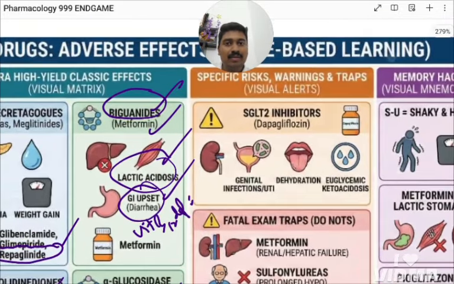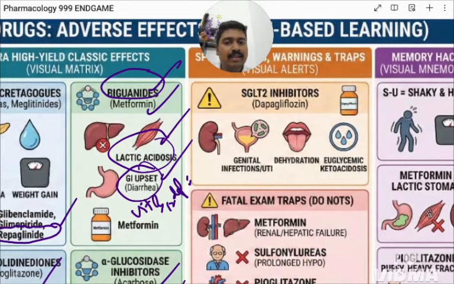There is a fifth group of drugs, very important and very rampantly used nowadays, that is SGLT2 inhibitors. SGLT2 is sodium glucose transporter 2, which is present in the kidney, and it causes glucose reabsorption. So blocking this will inhibit glucose reabsorption, so there will be decreased glucose in the blood and more will be excreted through the kidneys.